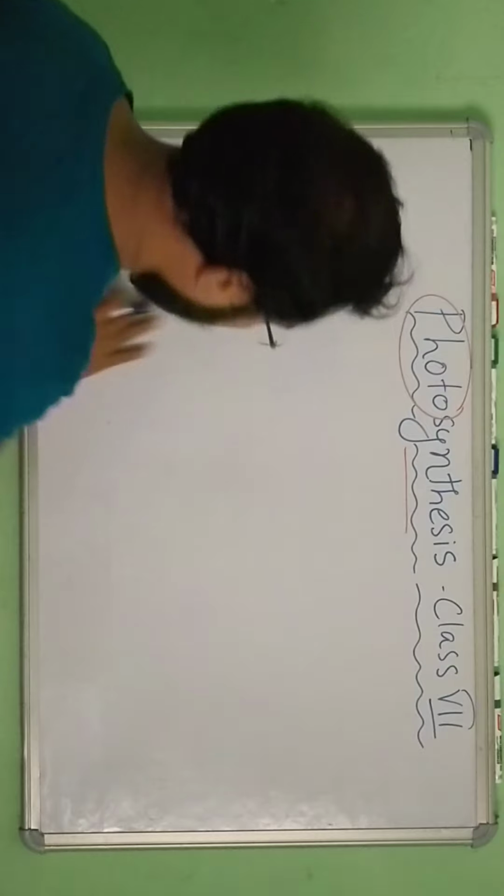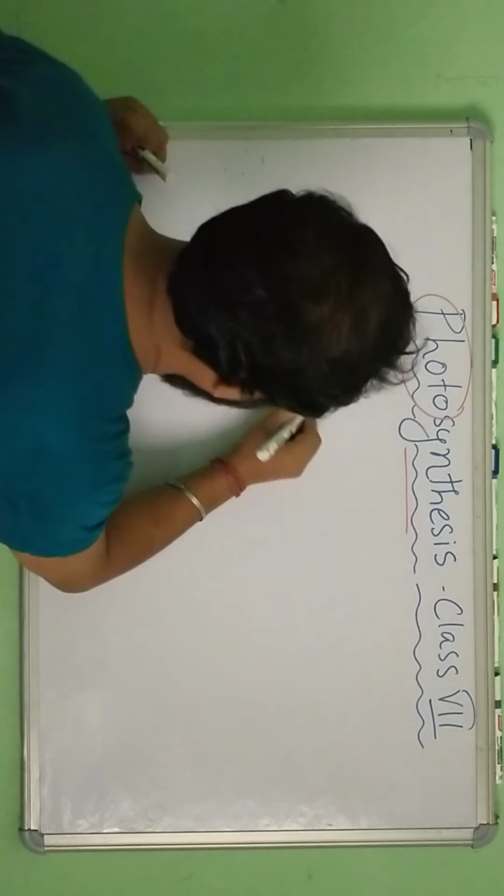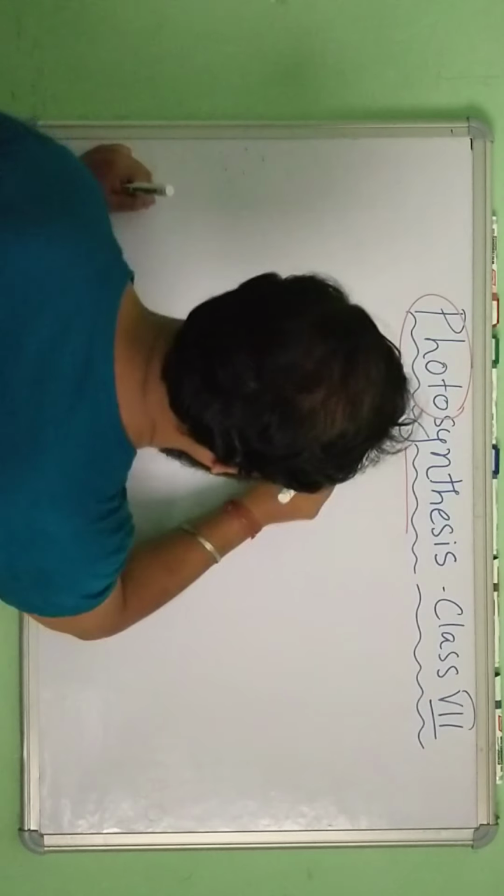First, the section of a leaf that is cut. So how does that look like? Let me draw here, please.